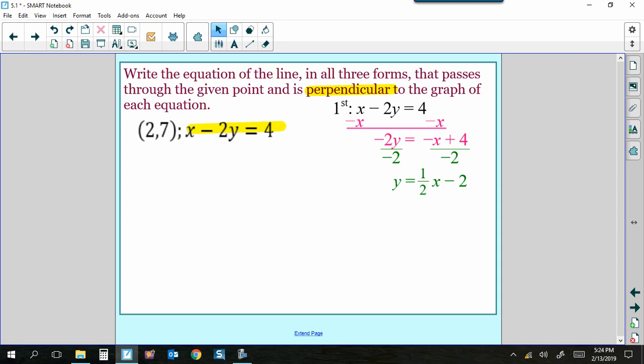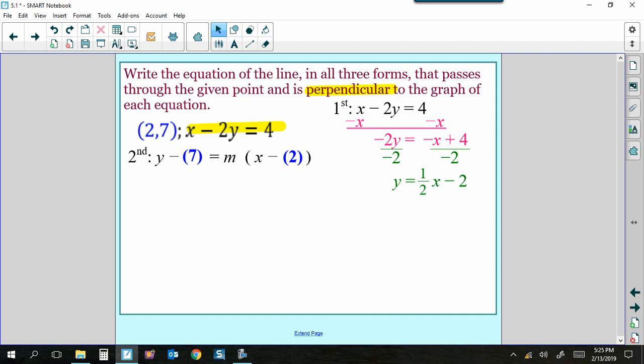So now I have all the information I need to be able to write my equation in point slope form. The point that we are using for our x1, y1 is going to be this 2 and 7. So we're going to go ahead and plug that in for the x1 and y1. And then the slope, here's where you have to be very careful. In the previous problem, the slope that we wrote over here on the right side we used because the lines had to be parallel.